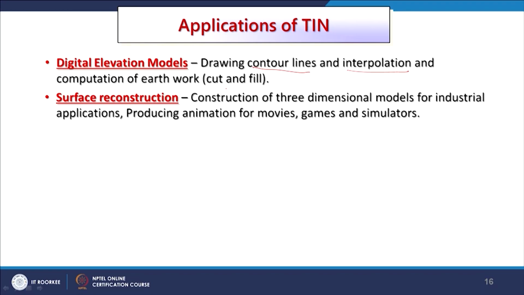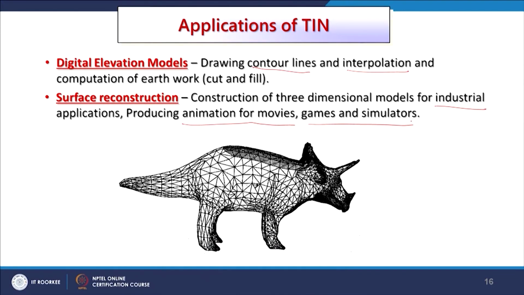These 3-dimensional models can also be created using these surfaces, either TIN or raster, for various purposes, maybe for industries, animation, movies, games, simulators, all those things. I will show you an example. This is the 3-dimensional TIN model of an animal. These animals are extinct basically.